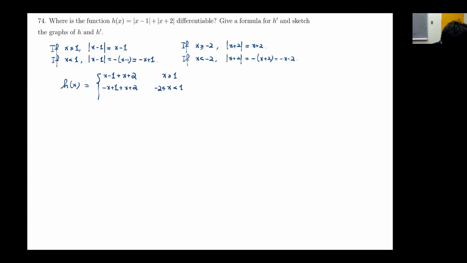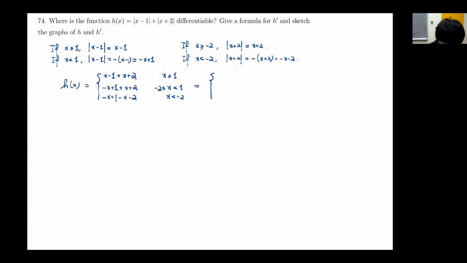Finally, if x is less than 1 and x is also less than minus 2, as you can easily track, the intersection of these two regions is precisely x is less than minus 2. So in this case, my function is going to be this guy plus this guy. So what we will get is minus x plus 1 minus x minus 2 if x is strictly less than minus 2. Okay.